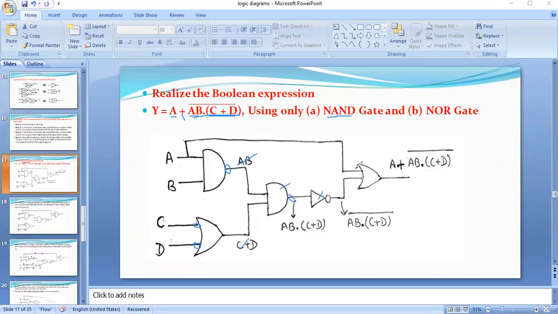That is the first step you have to do. Just add the circle at the output of the AND gate and the input of the OR gate. After that, see here, in this line I'm adding a circle, so the expression may be changed.